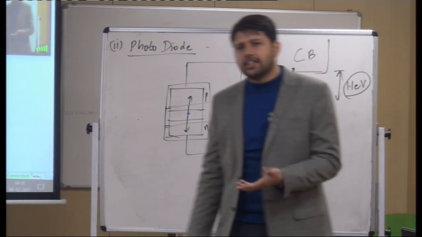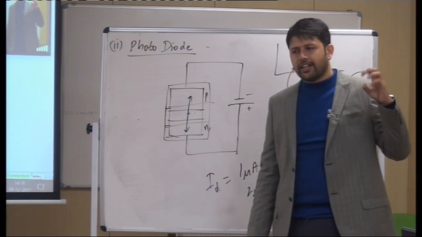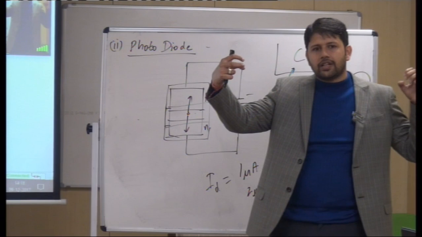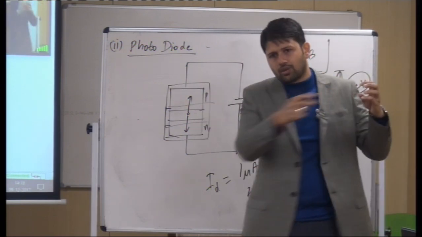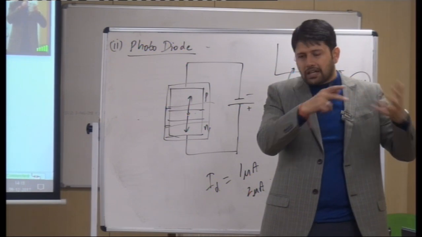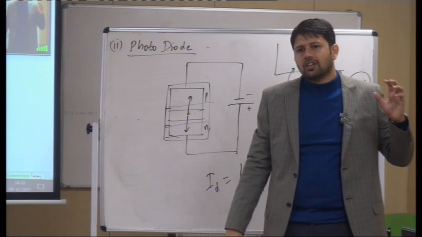It can produce light in the infrared region as well. So an infrared LED is kept here, while a photodiode is kept here. It produces infrared, which is incident through a lens. It is concentrated, focused, made a parallel beam basically. So this parallel beam falls on the photodiode.